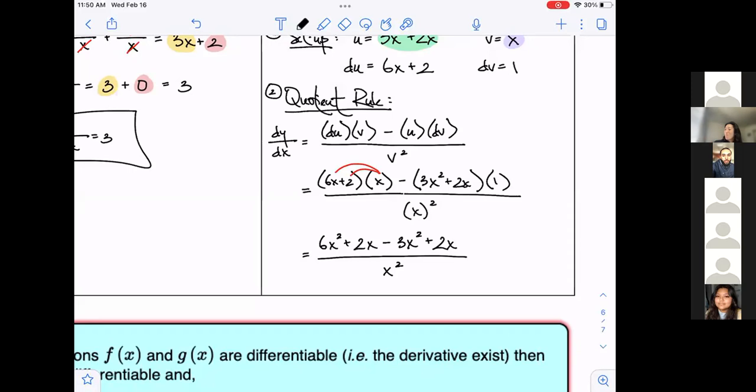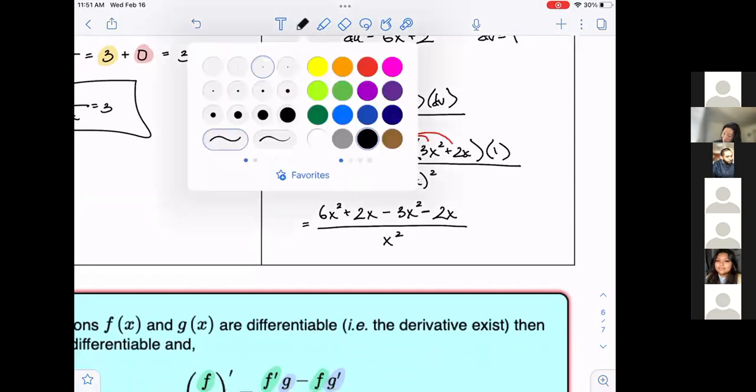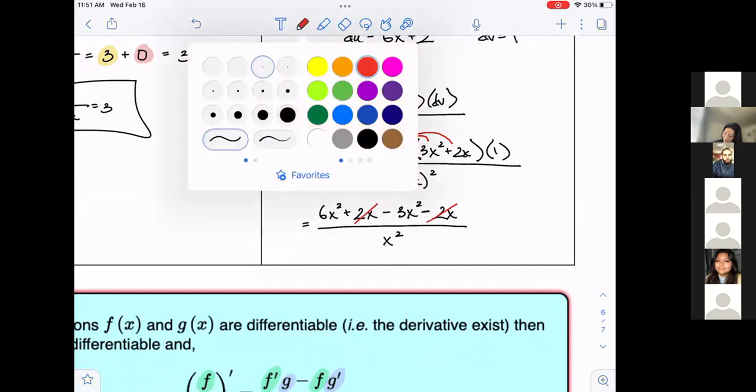You put a positive 2x when you need to distribute the -1 to make it a negative 2x. Negative, negative, exactly. So we want to make sure that is indeed a negative sign. All right. And now we combine some terms. Look at this, 2x and negative 2x go away.